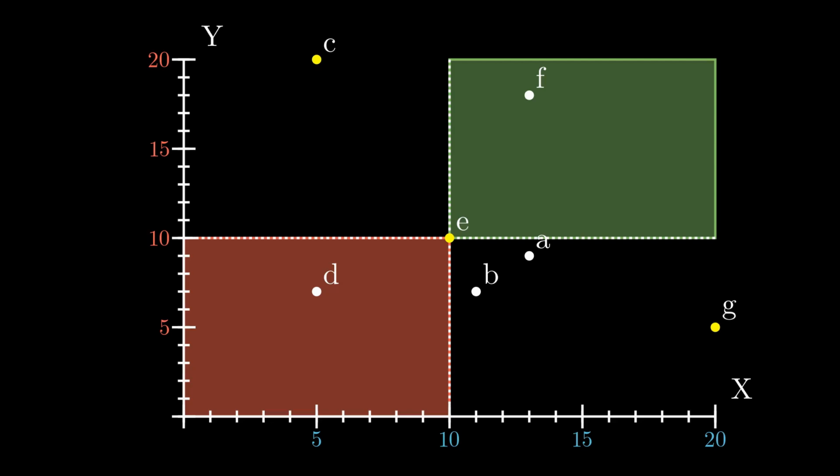Similarly, moving to the southeast from E, the consumer loses Y but gains X, and there will be a set of bundles that are equally good to E.